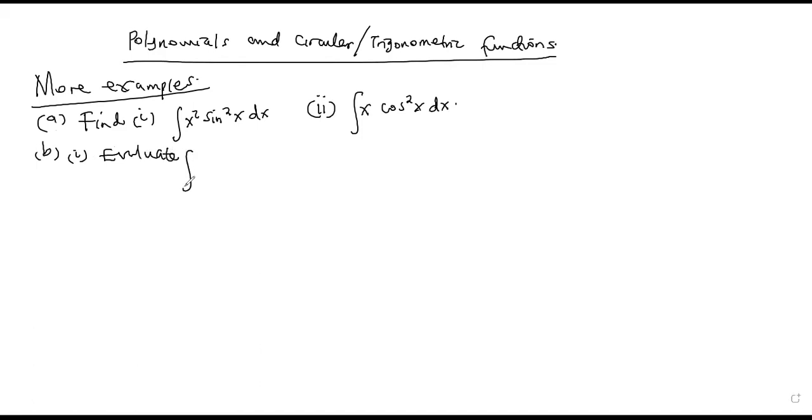Then part B, we are going to evaluate the integral from 0 to a half pi of x squared cos x dx, and Roman 2 is the integral from 0 to pi over 4 of x times tan squared x dx.